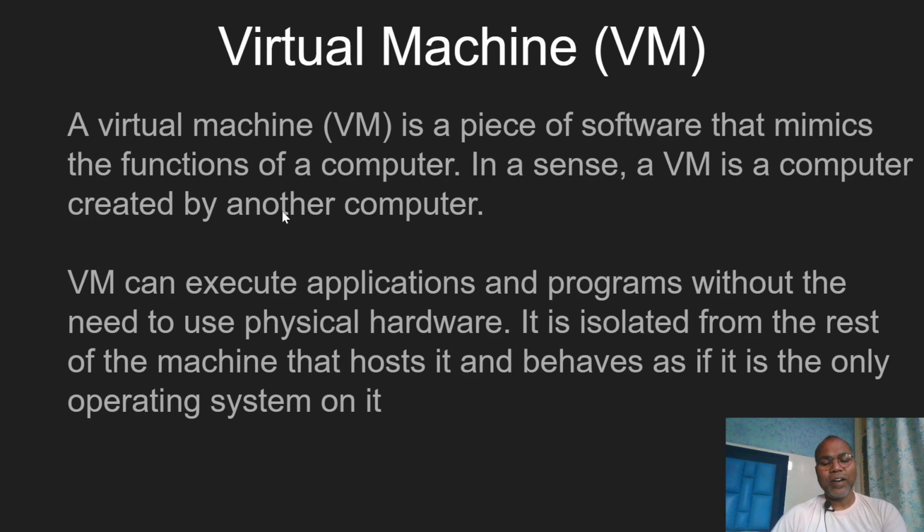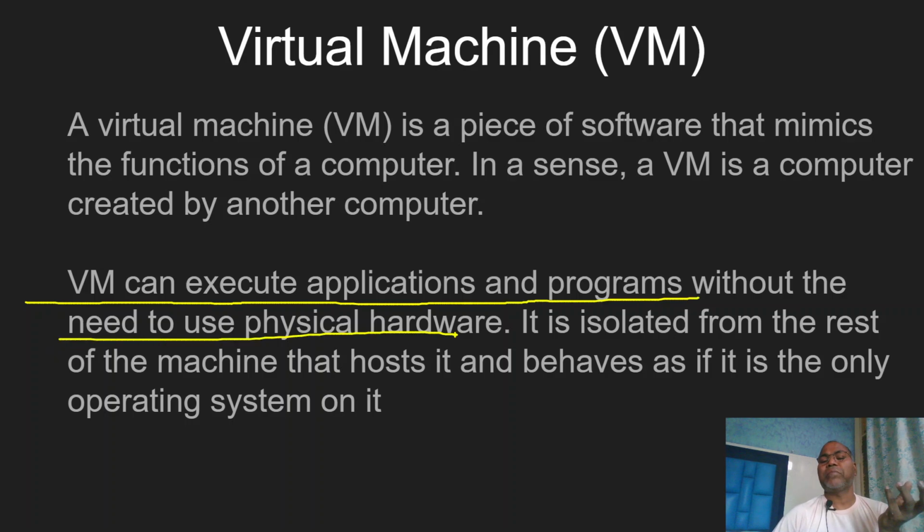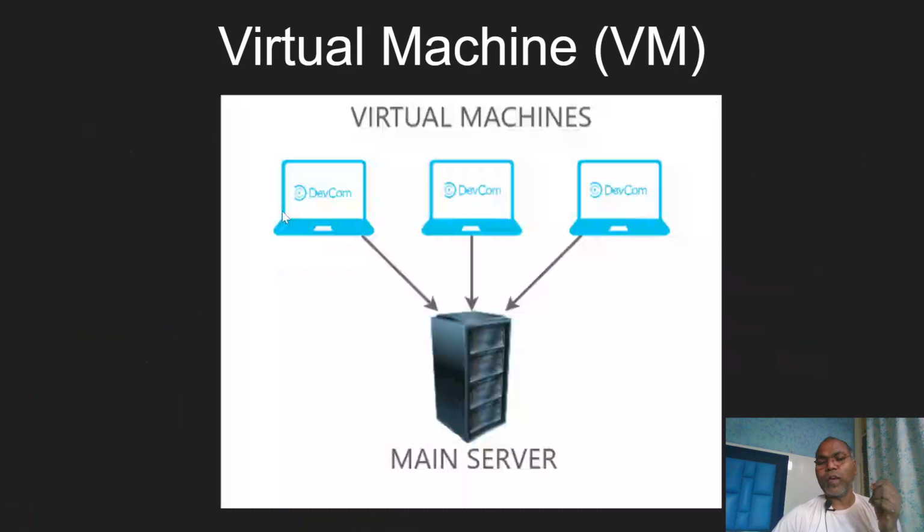Here you can say a virtual machine just executes applications and programs without the need of physical hardware, and it is isolated from the rest of the machine that hosts it and behaves like a completely different machine. If you notice, this is our original machine, our computer, our main server.